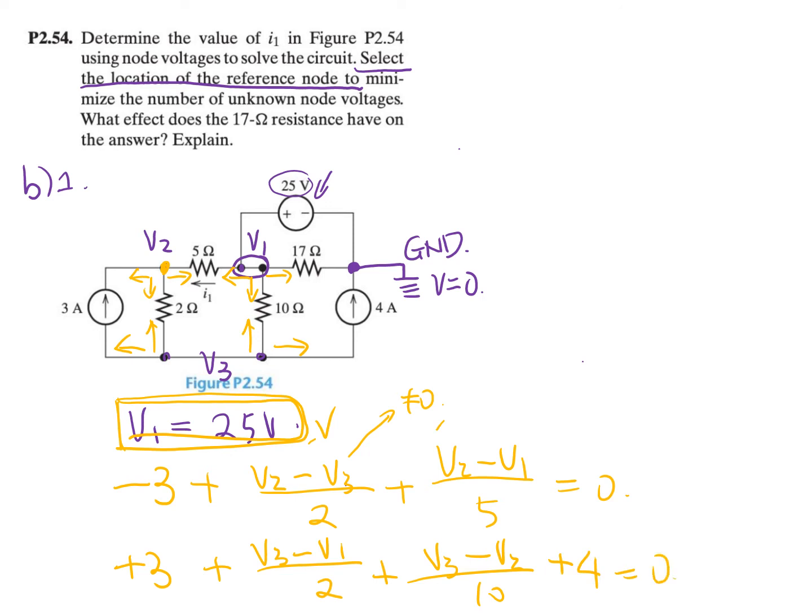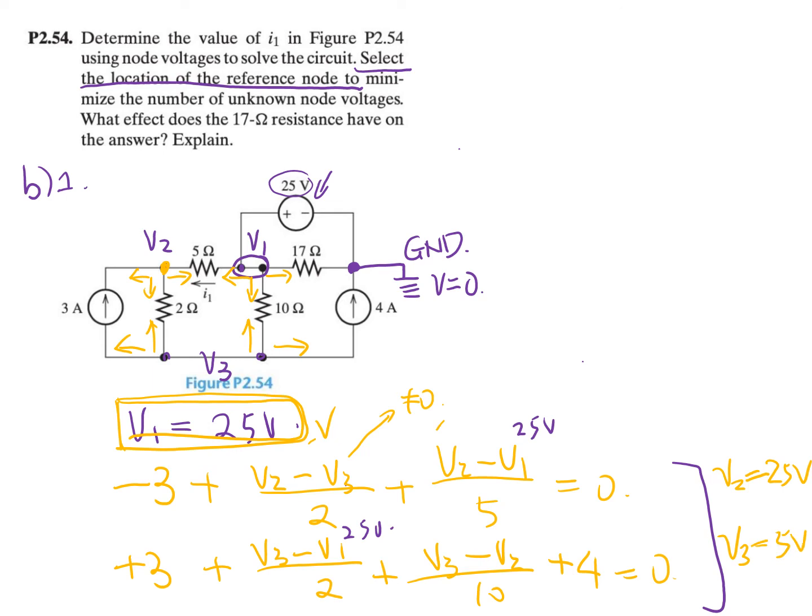We have V1 equal to 25 volts. So now we have 2 equations and 2 unknowns, V2 and V3. So we can easily find V2 and V3. We have V2 equal to 15 volts, and V3 equal to 5 volts.